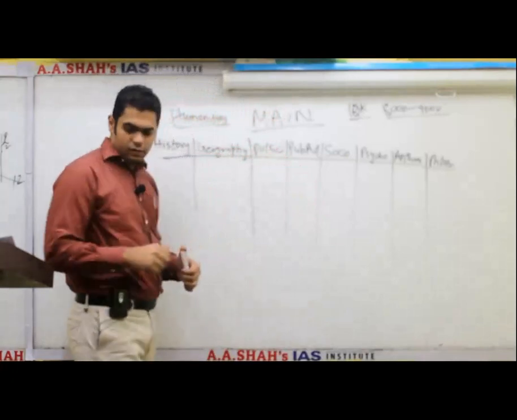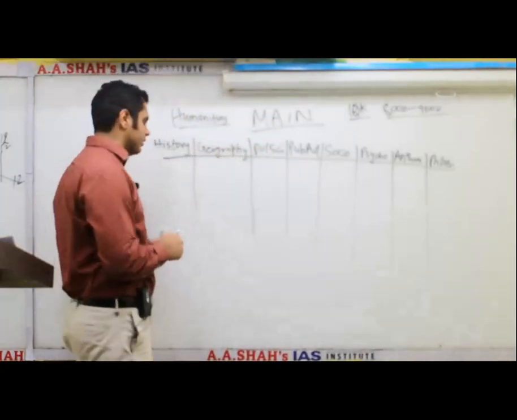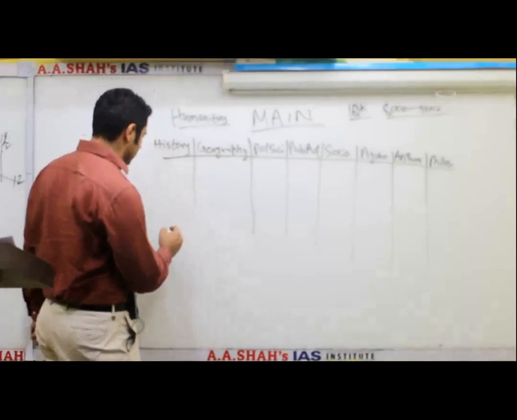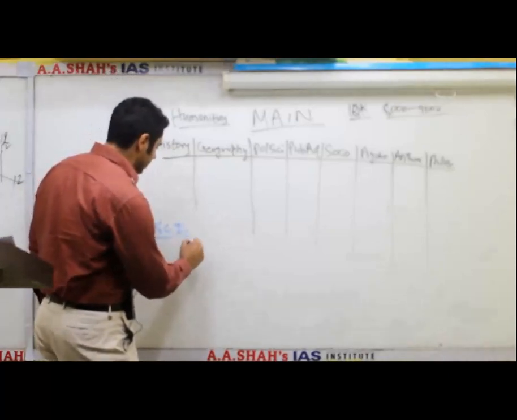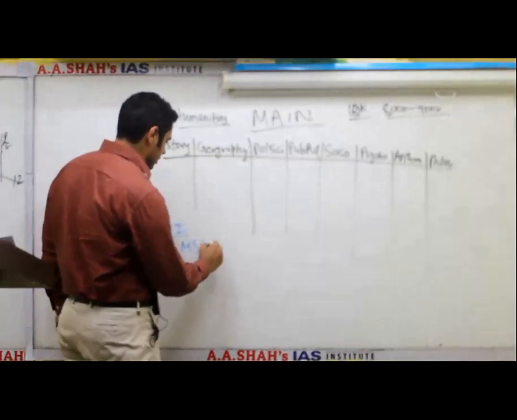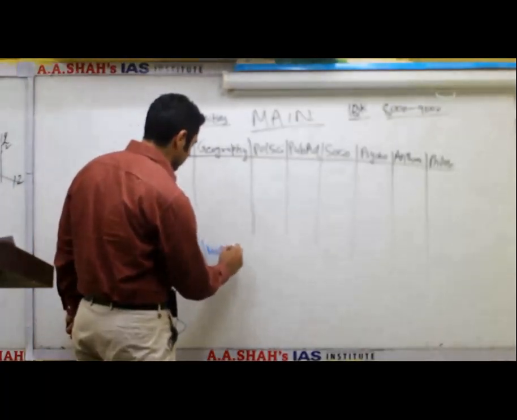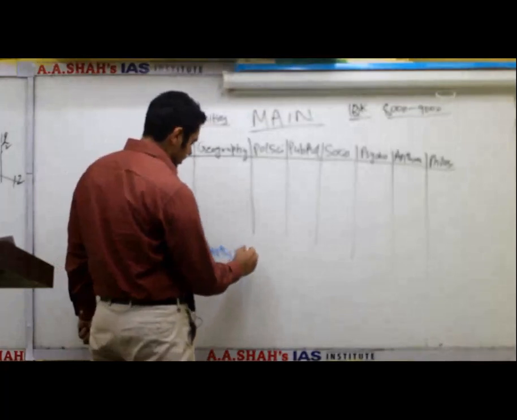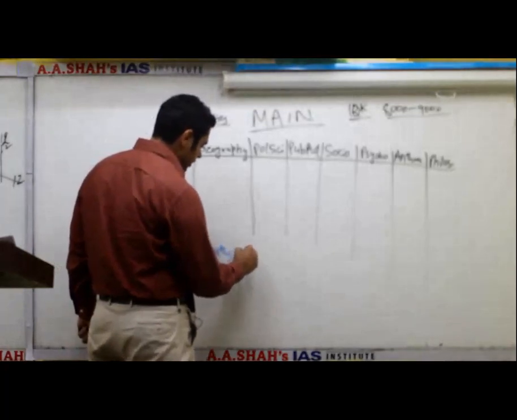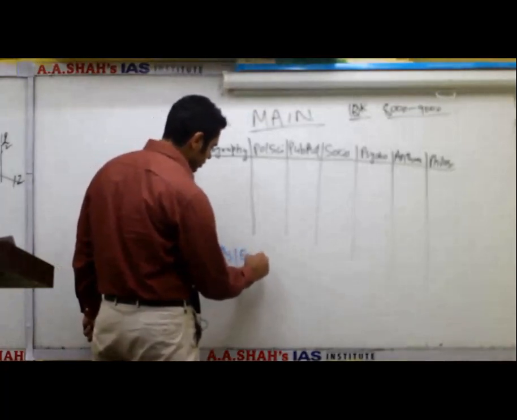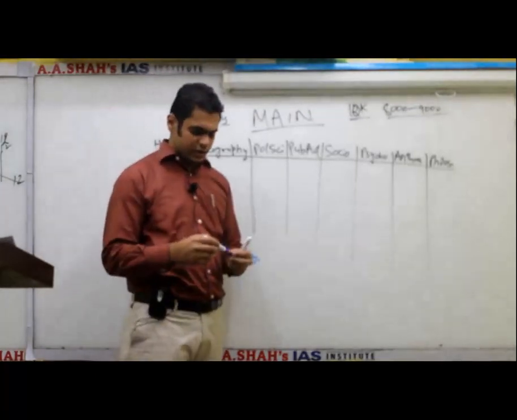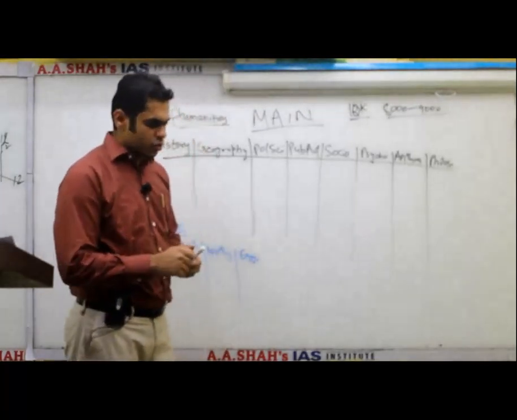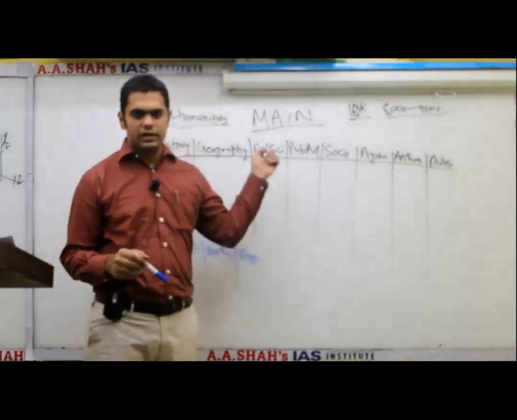Apart from that, if I go on the science side, there are a few optionals which are popular. Let's say medical science is one of them, mathematics is one of them, and there are some engineering optionals like civil engineering, mechanical engineering, electrical engineering, which students take. But these are not as popular as these.